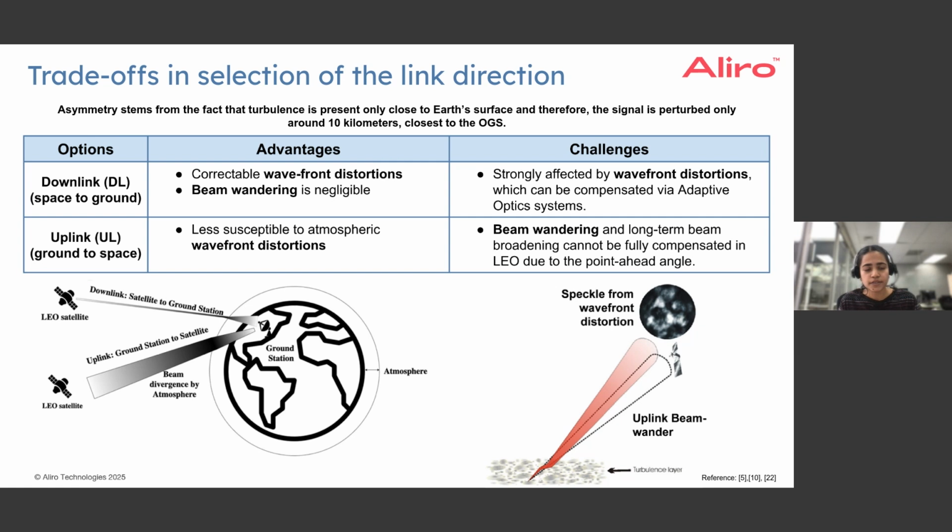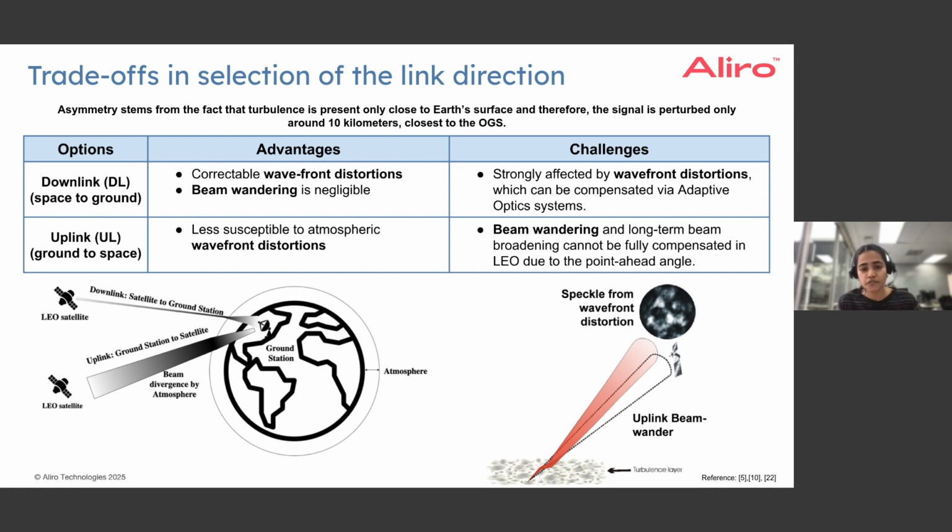When we come to the uplink, however, it's primarily affected by beam wandering, and it is less susceptible to wavefront distortions. So let's understand the beam wandering section first. If we have a tilt in the beam that's coming from the optical ground station, as the beam traverses longer and longer distances after experiencing this tilt, the spatial displacement of the beam is just too significant by the time it reaches the satellite.